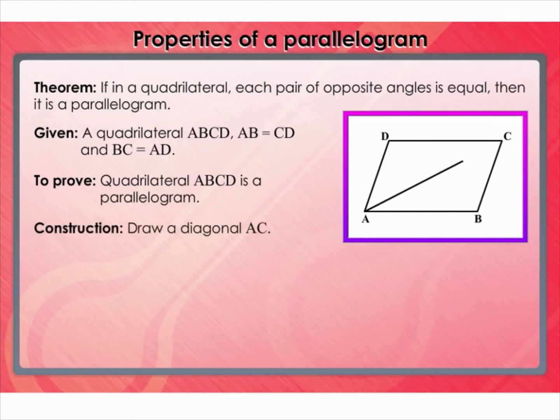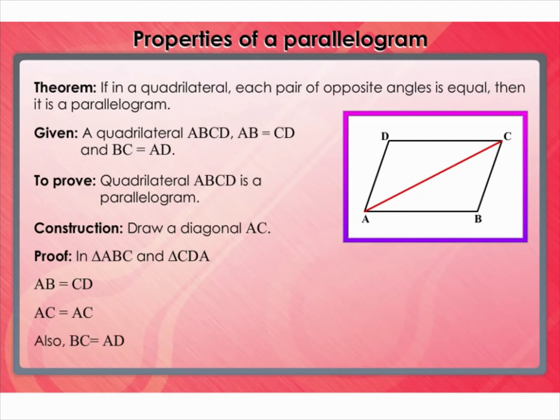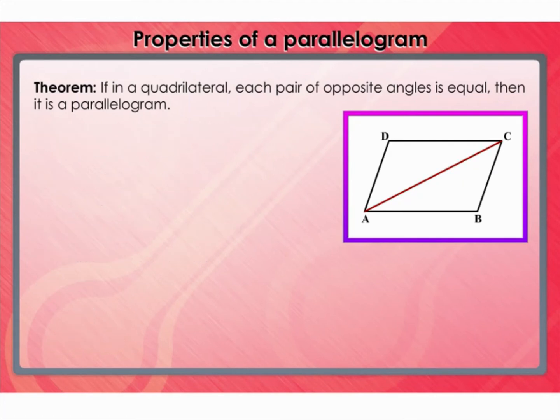Draw a diagonal AC. In triangle ABC and triangle CDA, side AB is equal to side CD, denoting it by equation 1. Side AC is common to both the triangles, denoting this by equation 2. Side BC is equal to side AD, denoting it by equation 3.